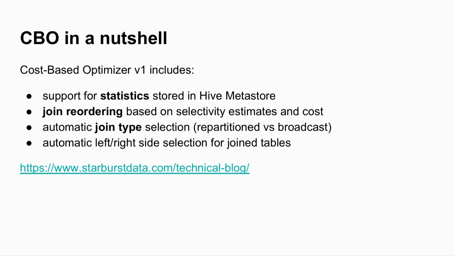There's a ton more detail that we put on our blog, and you can go to the starburstdata.com technical blog and read all the nitty-gritty details of how we enumerate joins and how we make decisions for various types. I definitely encourage you to do that.